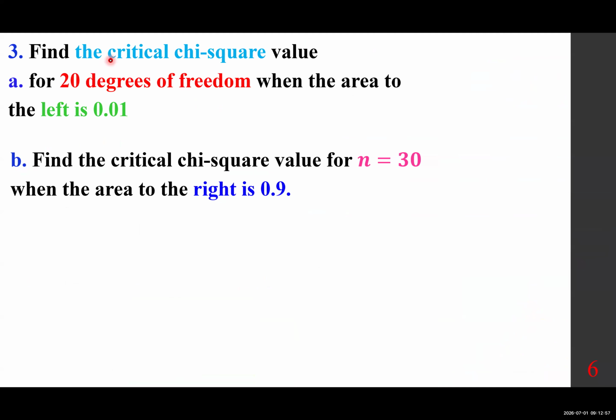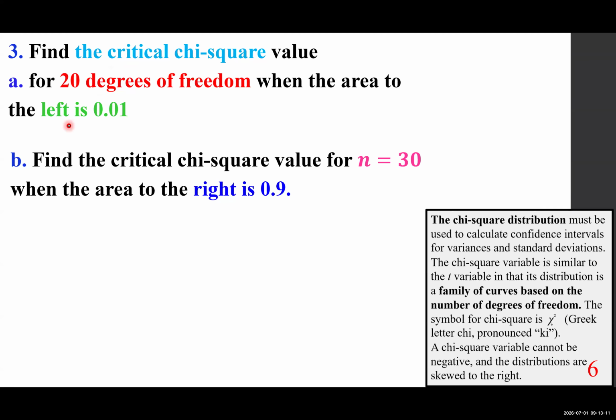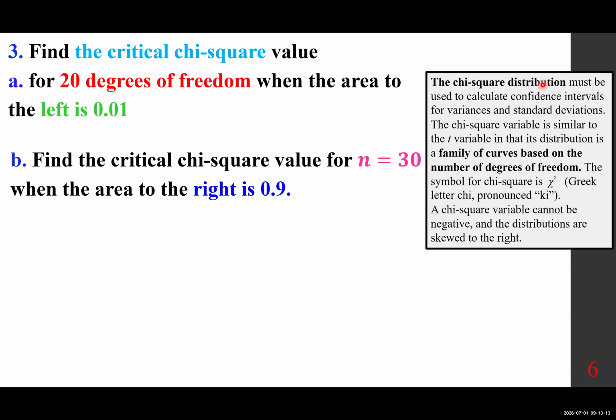Find the critical chi-square value for 20 degrees of freedom when the area to the left is 0.01. The chi-square distribution must be used to calculate confidence intervals for variances and standard deviations.